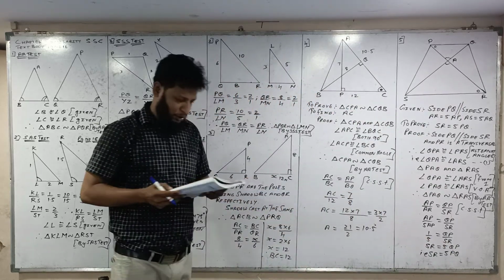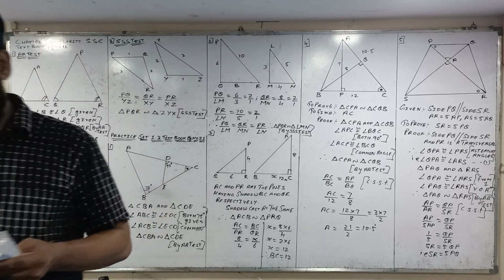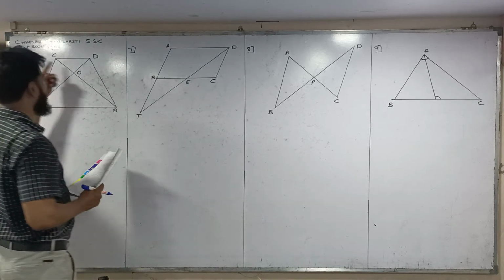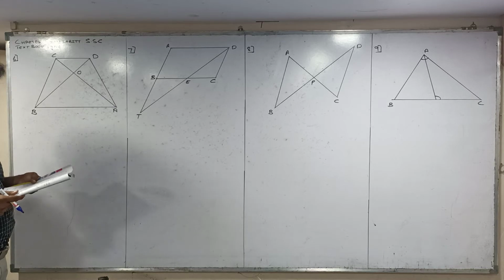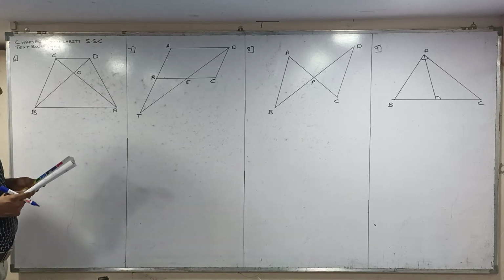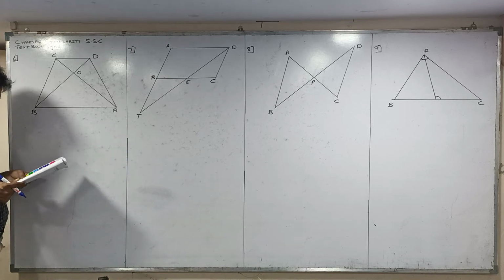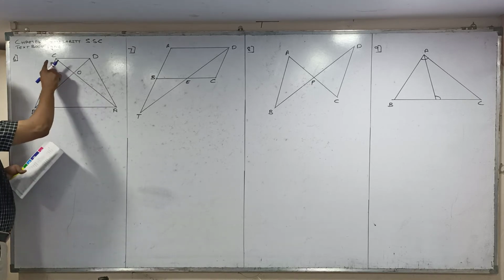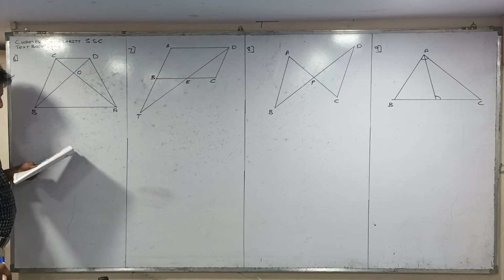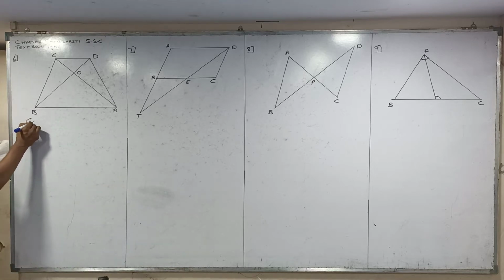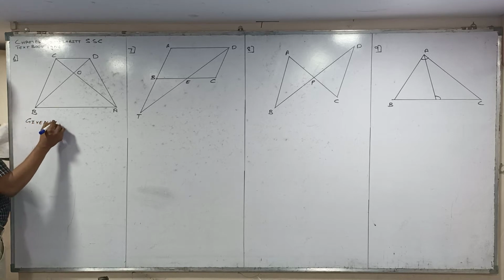Now come to question number 6. The diagram is given for all four questions 6, 7, 8 and 9. Side AB is parallel to DC, given, and AB is 20, DC is 6, OB is 15. You have to find OD. So first we'll write all the given.